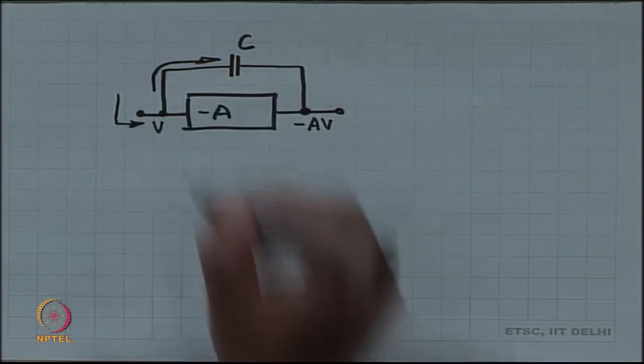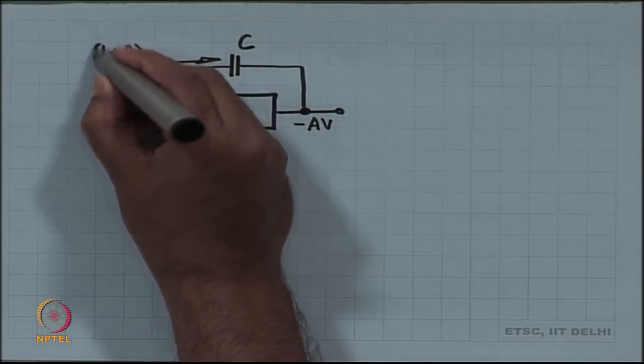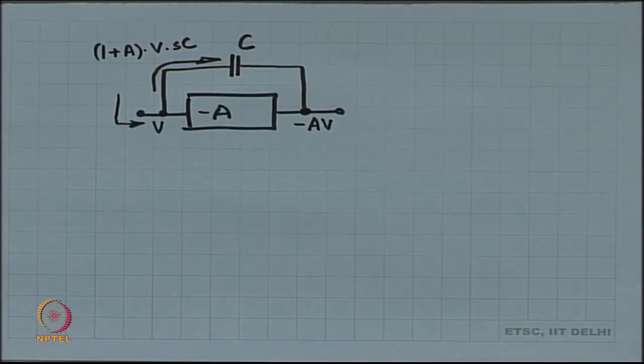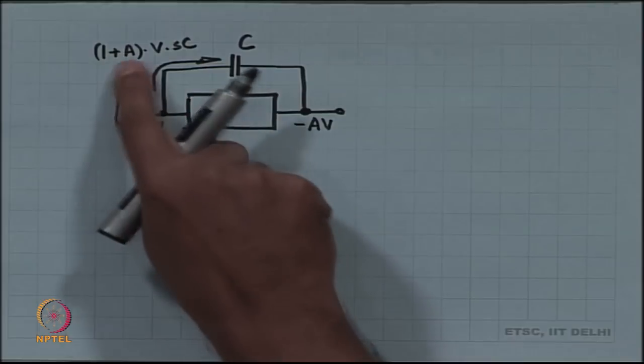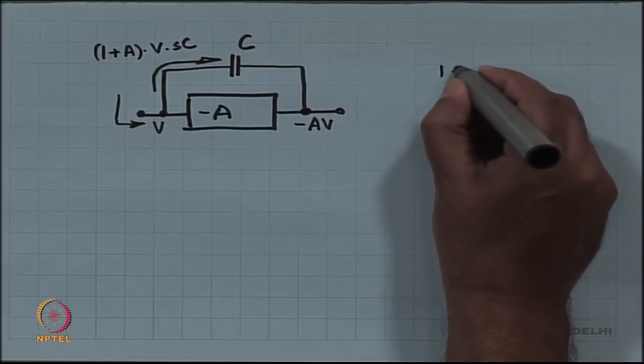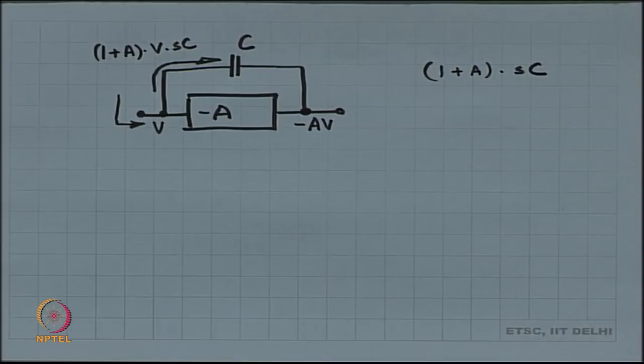So, the current taken by the capacitor is 1 plus A times V times SC. I applied V, I got a current of so much. The input admittance is 1 plus A times SC.